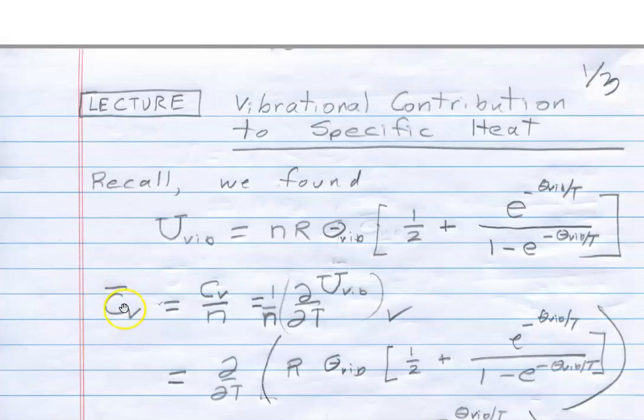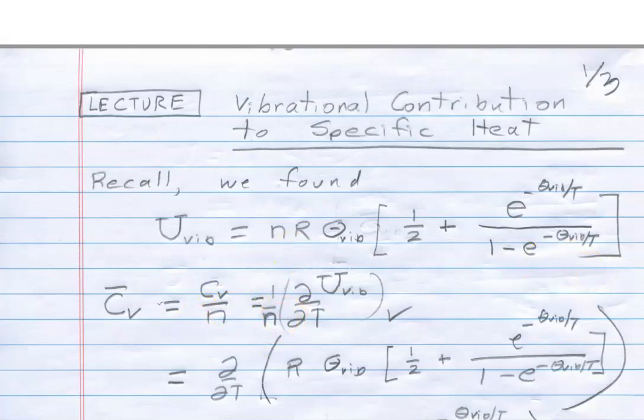I put a bar over it because if I write a small c here, I rapidly get my big C's and my little c's confused. But primarily, all it does is divide by the amount of substance present in terms of moles to get the molar heat capacity at constant volume.